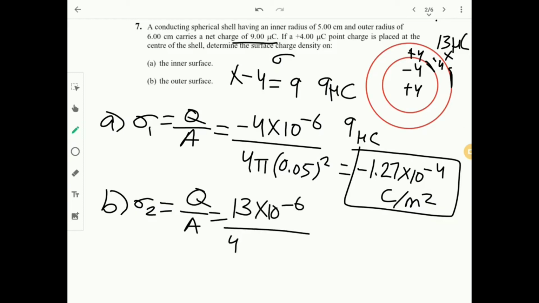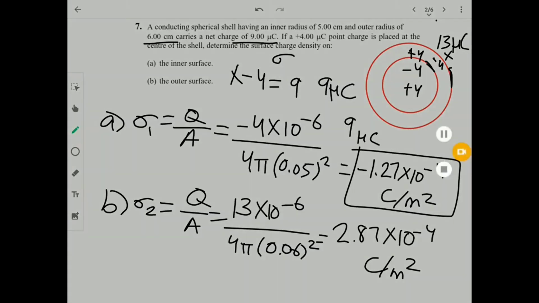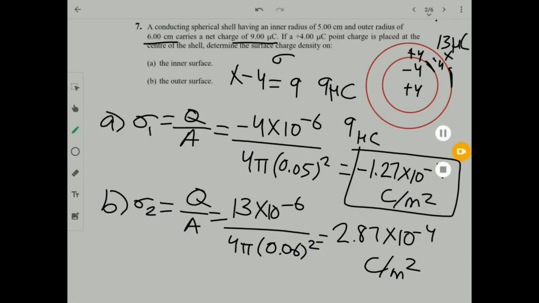Now again a sphere, so now the radius is 6 centimeters. And this time you get a positive answer, 2.87 times 10 to the power of -4 coulomb per meter squared. Okay, this is the answer. You can check for a few seconds and we're moving on to number 8.